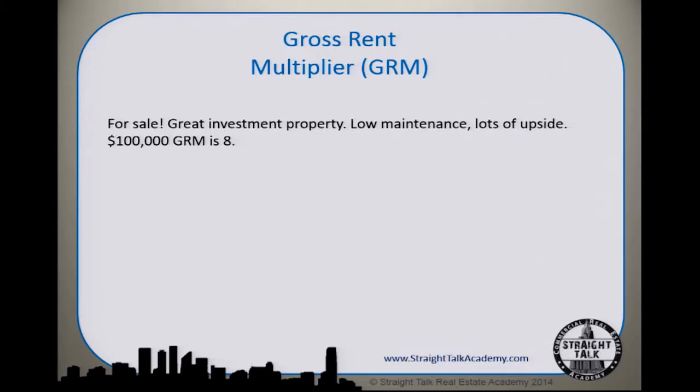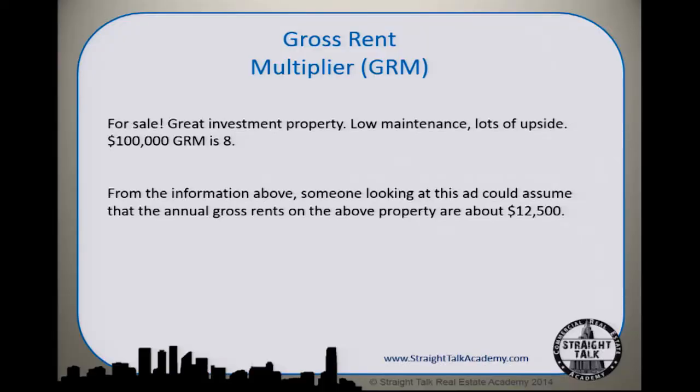Maybe someone's talking to you and they say, hey, I got a great duplex, triplex, fourplex that I want to sell you. And it's awesome. $100,000 is what I want for the property, and the gross rent multiplier on that's 8. So judging from that, you can take that information that this person told you, or maybe it's an ad that you saw, and you could assume that the gross annual rents that are coming in are about $12,500.